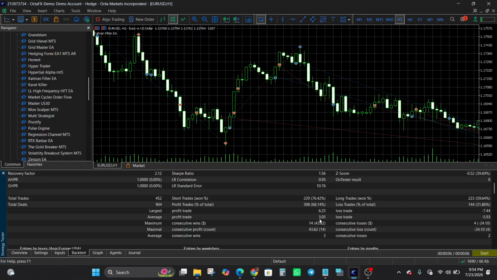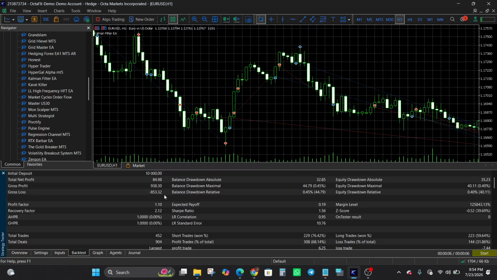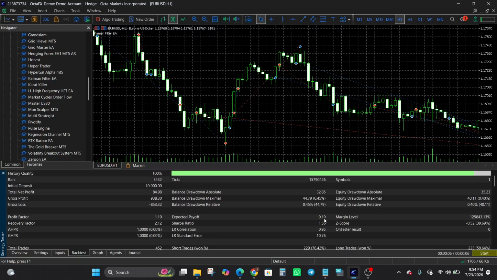All right, the system relies on its higher win rate, supported by the adaptive noise filtering of the Kalman and TEMA combination, to maintain a positive expected payoff of 0.19 profits per trade.